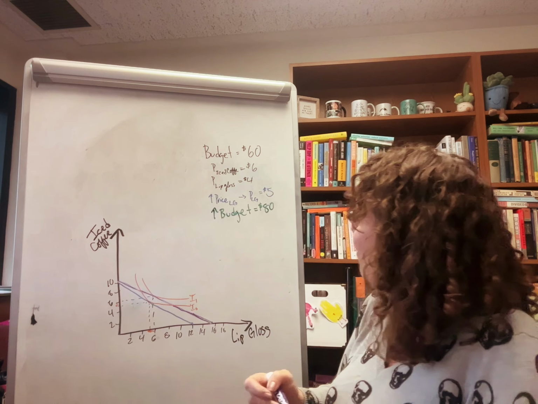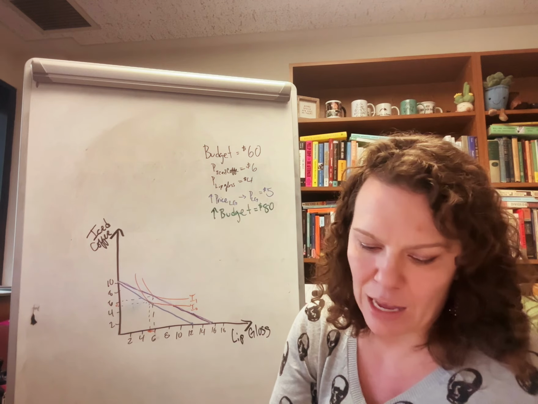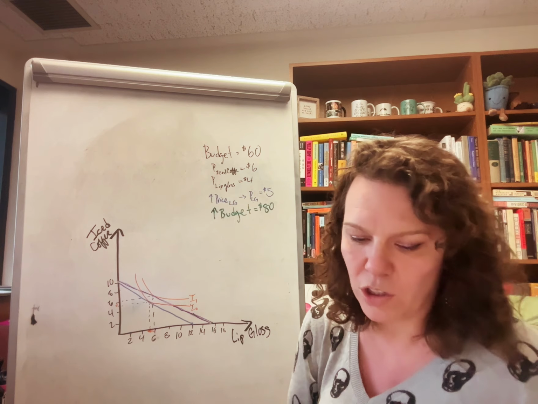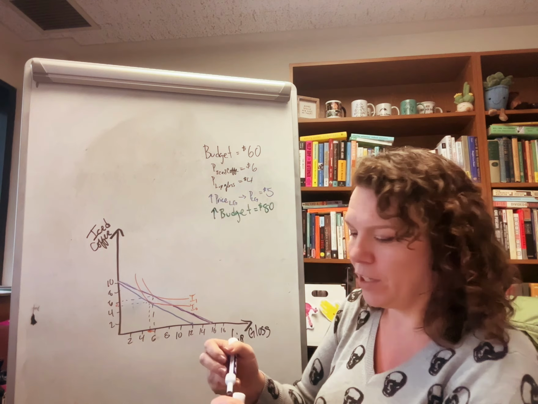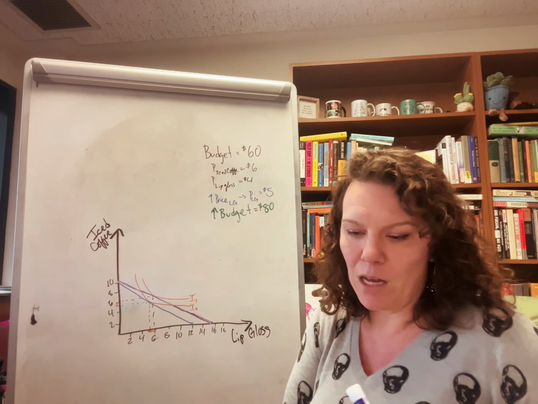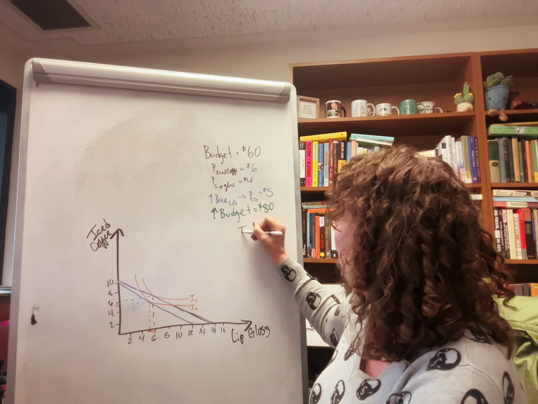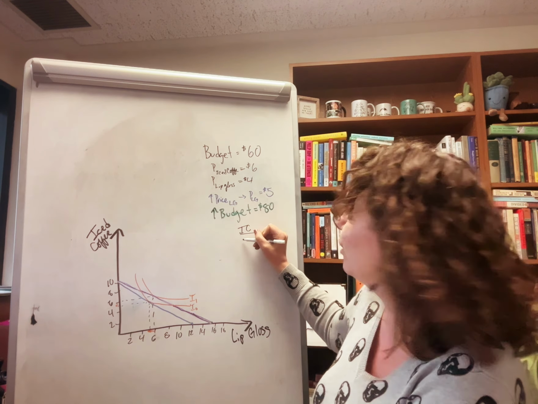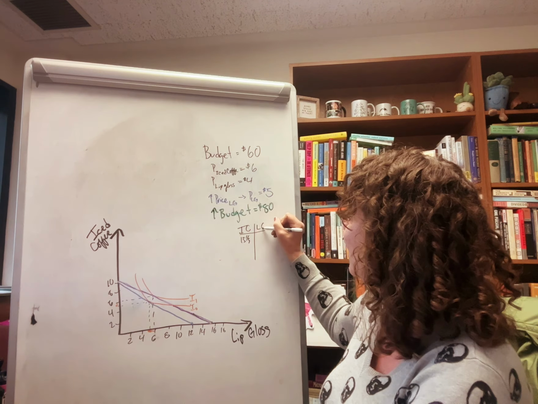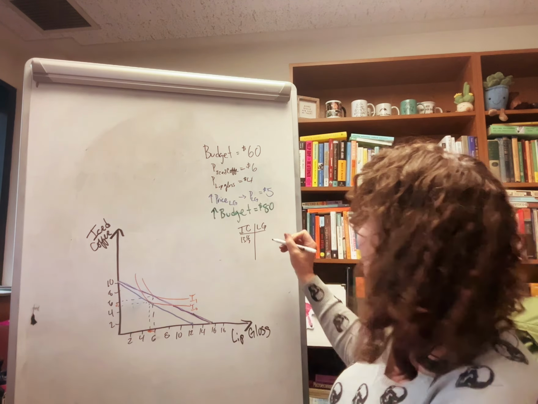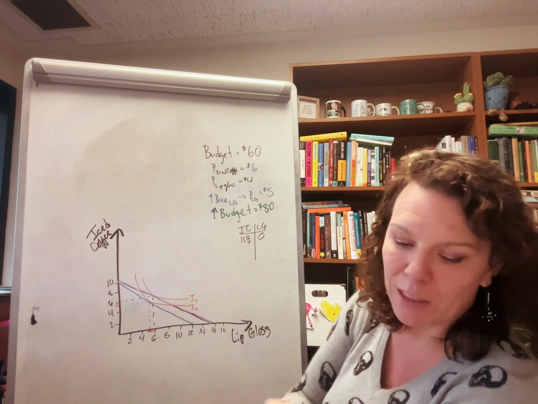So if we have $80, we'll start with our original prices. We could buy a maximum of 13 1/3 iced coffees. I know it's not realistic, but we're just doing it to see what we can do. And with $80 spent on 13 1/3 iced coffees, we wouldn't have any money for lip gloss.